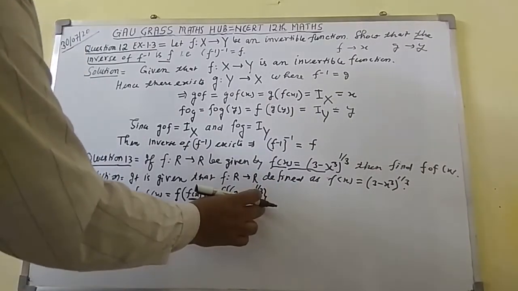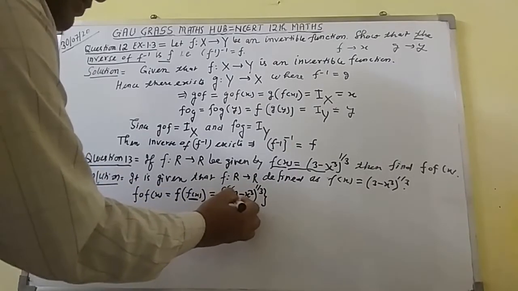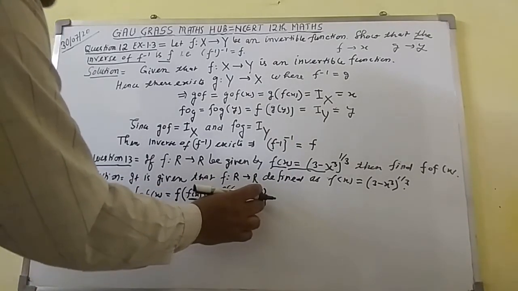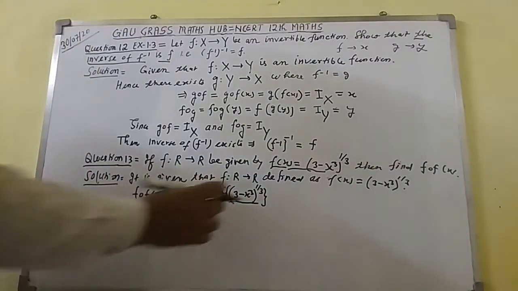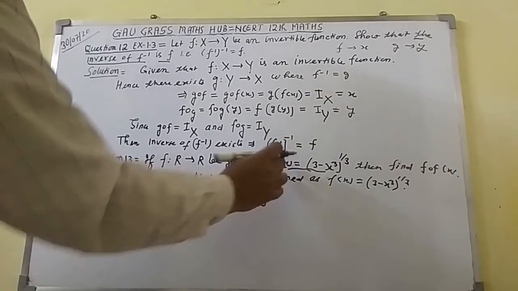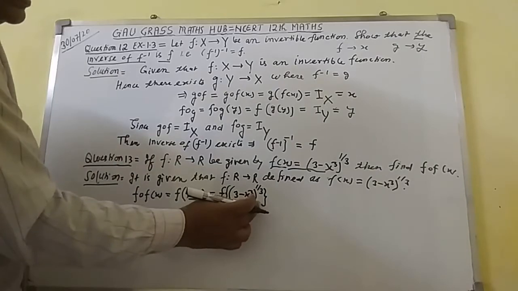So in place of x, this value is there, so again in place of x the complete value from this one has come here.